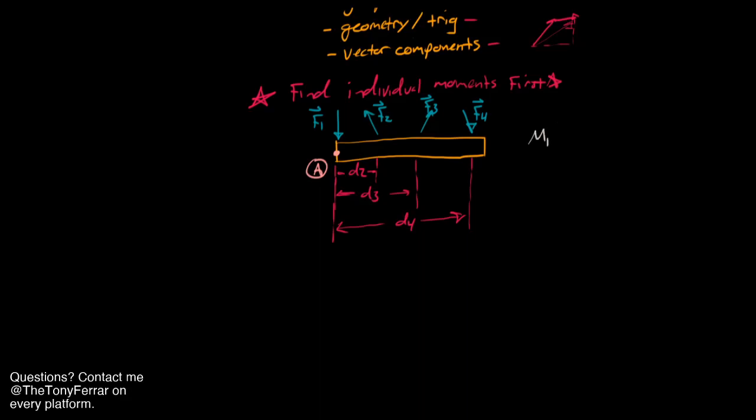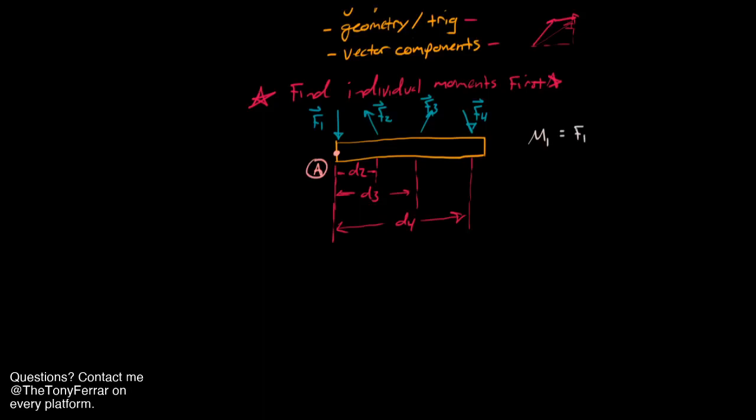Moment caused by 1 about point A is going to be F1 times D1, but we said that that was 0, so this thing doesn't create one. However, F2 creates M2, so M2 looks like F2 D2. M3 is going to look like F3 times D3, and M4 will be F4 D4.